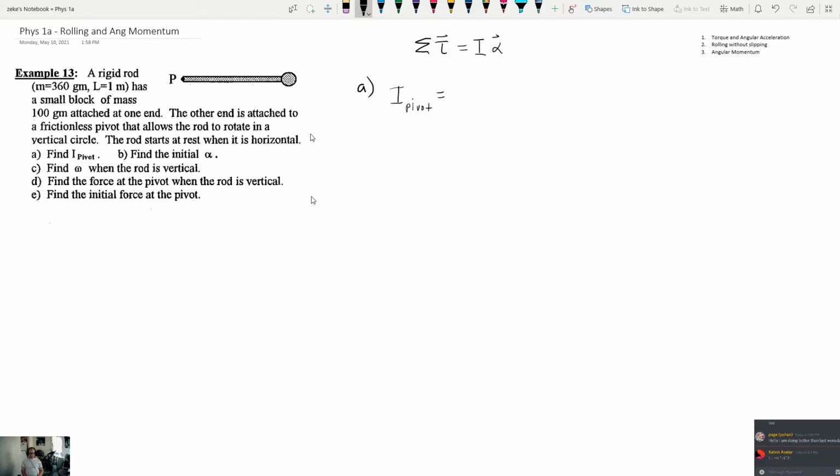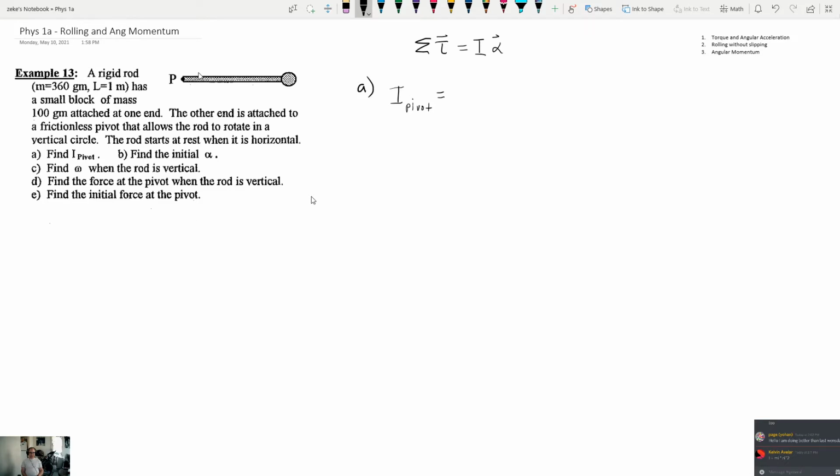I don't know that we'll need to use that equation in this case. We have basically a long rod, and then we have an object attached to the end. So when you have multiple objects like this, and you know what the moment of inertia of the individual objects is, you can find the total moment of inertia of the whole system by adding the moments of inertia for the two different objects.